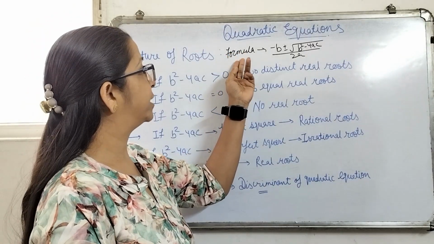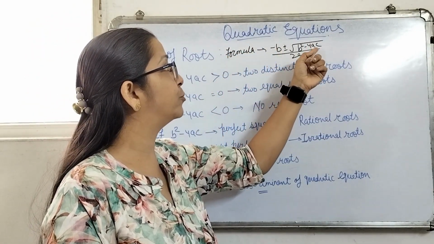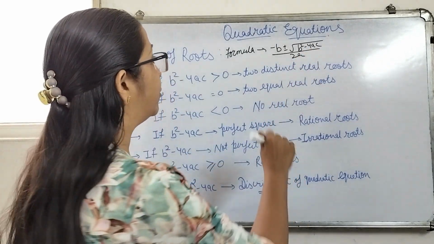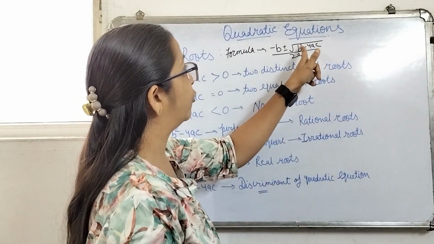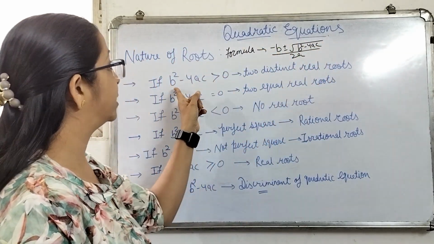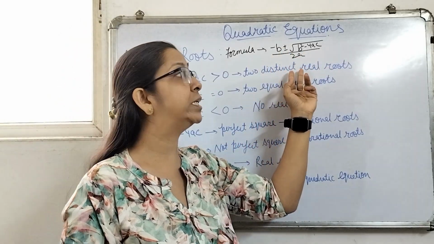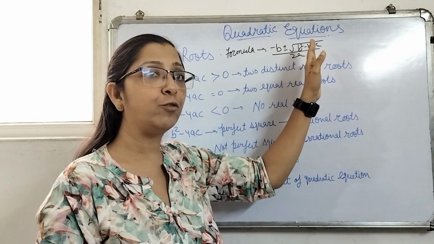We have just seen that the quadratic formula is minus b plus minus root of b square minus 4ac upon 2a. Now, if we solve b square minus 4ac and its value is greater than 0, then we will have two distinct real roots. That means we need not solve the whole formula.